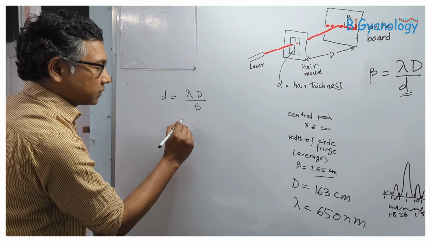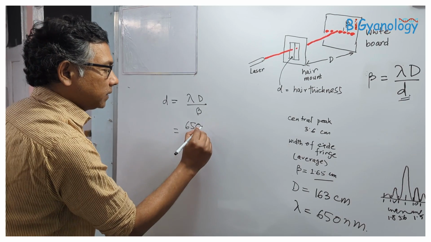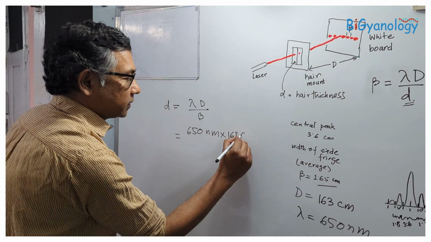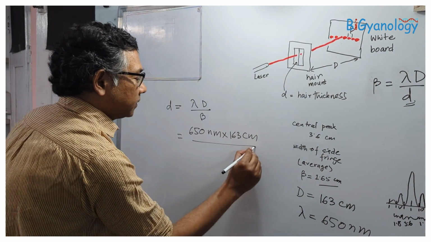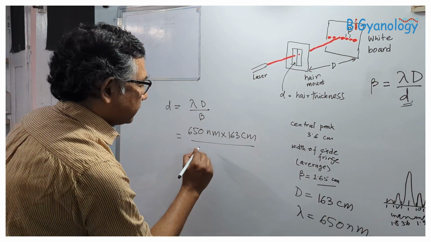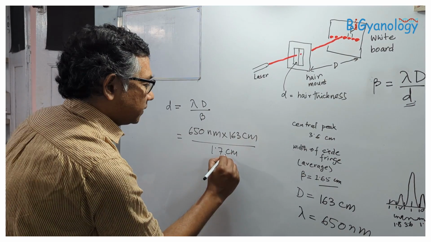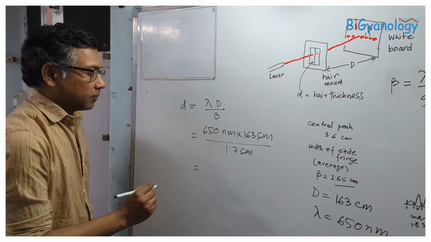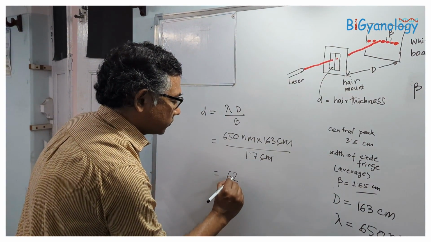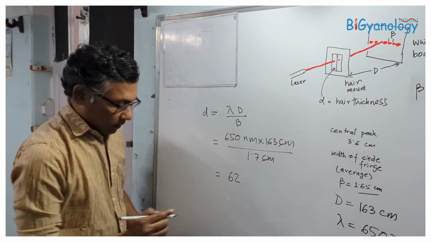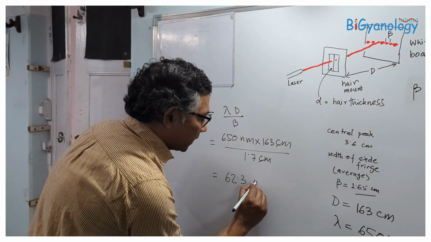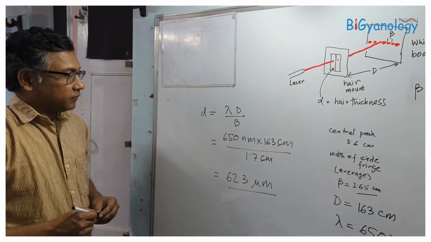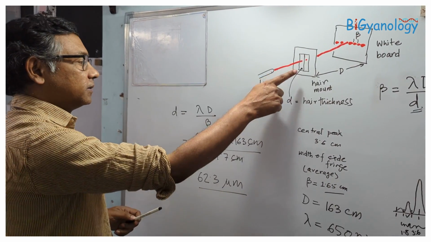I plug in the values: 650 nanometers into 163 centimeters divided by our beta, 1.7 centimeters, and if I do the calculations, it will come out to be about 62.3 micrometers, which is our measurement of the thickness of the hair which we used.